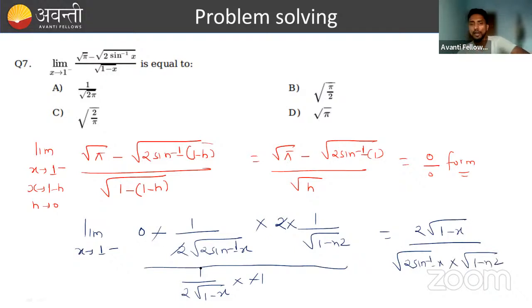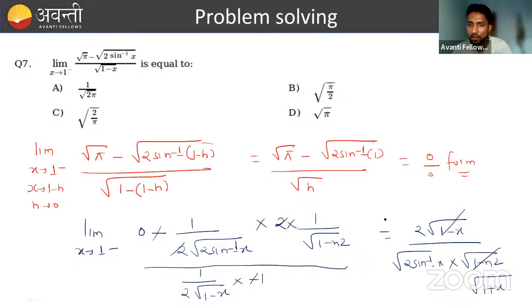After solving this, can we write root 1 plus x? Because root of 1 minus x square is root 1 plus x into root 1 minus x, so root 1 minus x and root 1 minus x cancel out. It will be root 1 plus x only.